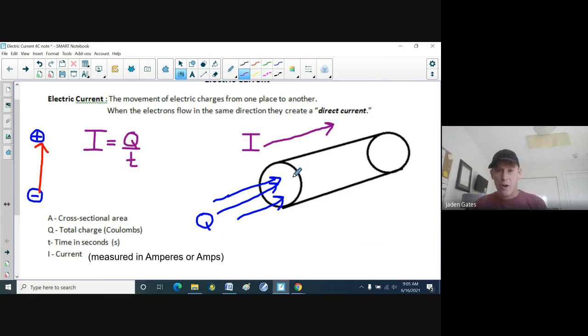If you look at the area of the wire and measure how much charge, that's the total charge that went through. But if you count how much time it takes for that charge to flow through the wire, then that is what we call our current. So current is the amount of charge that flows through the wire per amount of time.